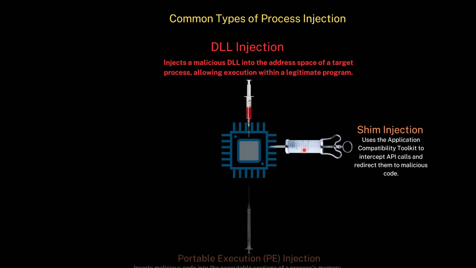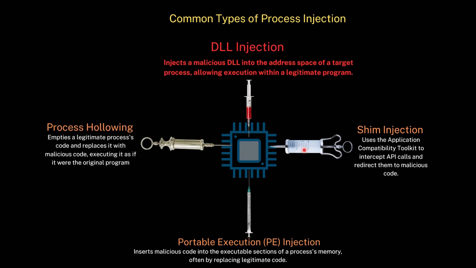Now, these process injection techniques that I'm showing you, like DLL injection, shim injection, process injection, this is not an exhaustive list of process injection techniques, but these are some of the most common types of process injections that are seen out there. And out of which this DLL injection was used in last year's QakBot malware campaign, which was targeting many industries globally.